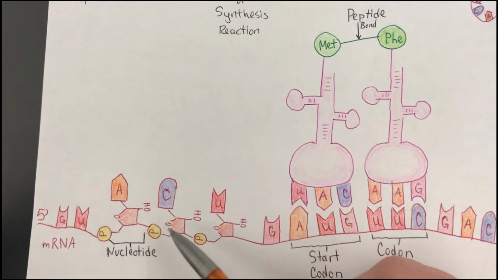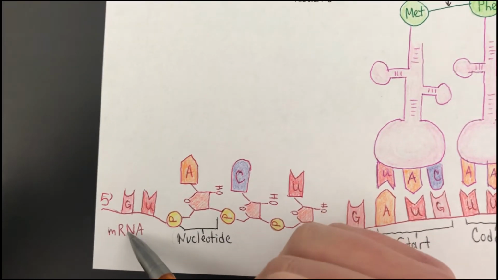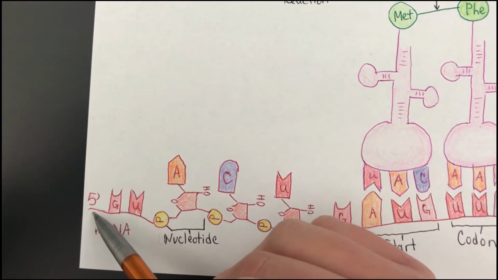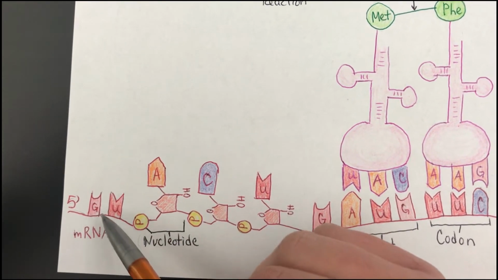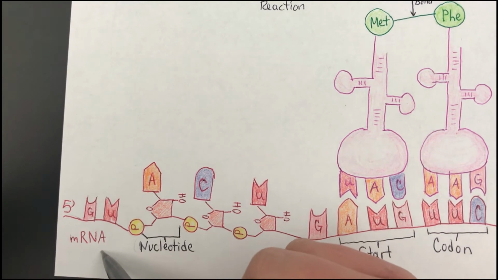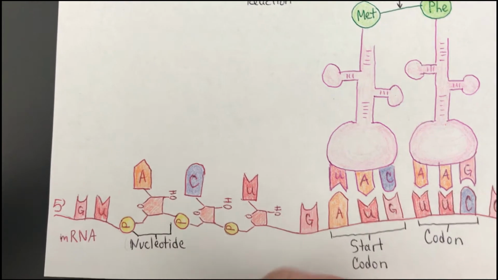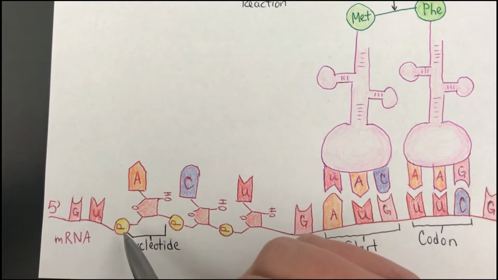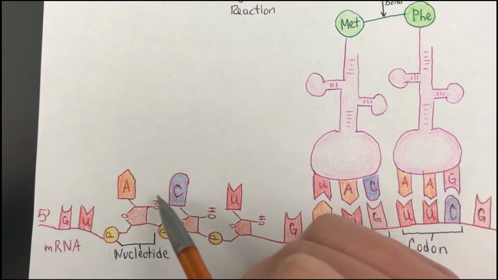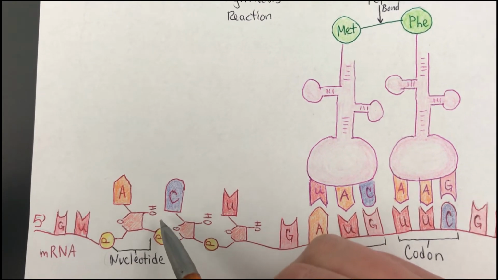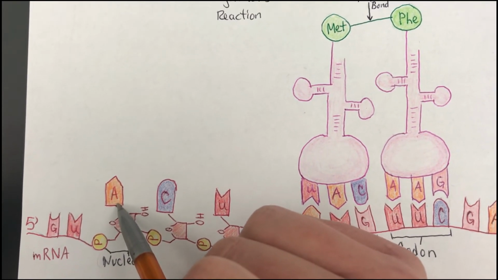Okay? What I have here is the mRNA. Okay? Remember that mRNA is always read from the 5' end as opposed to the 3' end. Also know that even though we talk about the sequence of this particular nucleic acid in terms of the nitrogenous bases, in reality, each nucleotide consists of a phosphate, a 5-carbon sugar containing an OH on the second carbon, because it's a ribonucleic acid, and the nitrogenous base.